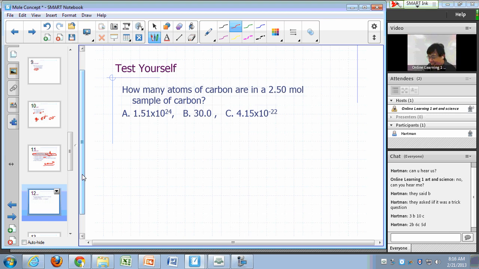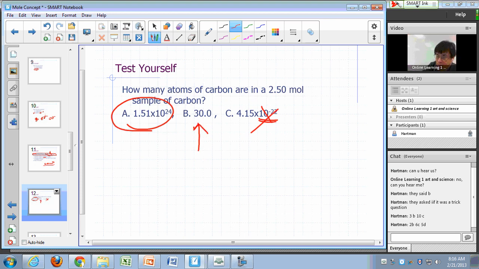Okay. All right. Obviously, it's A. Good. You can tell right away you cannot have a fraction of an atom, so this number is unreasonable. 30 atoms, that's too few.